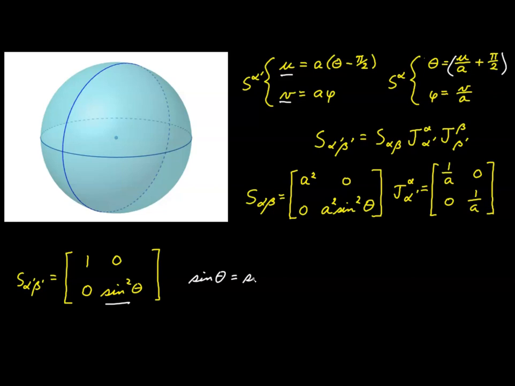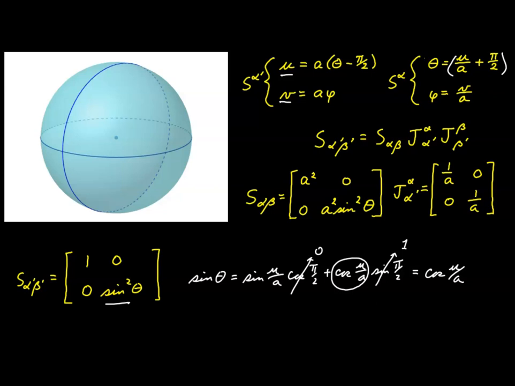This would be equal to the sine of u over a times the cosine of pi over 2, plus the cosine of u over a times the sine of pi over 2. Well, cosine of pi over 2 is equal to 0. The sine of pi over 2 is 1. So this whole thing evaluates to this term right here by itself, cosine u over a.